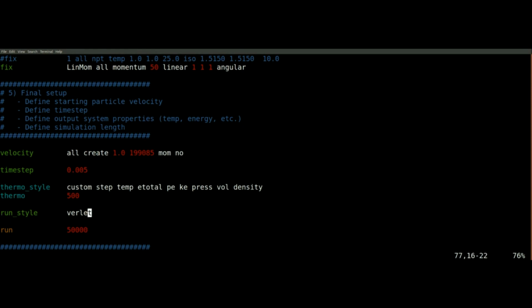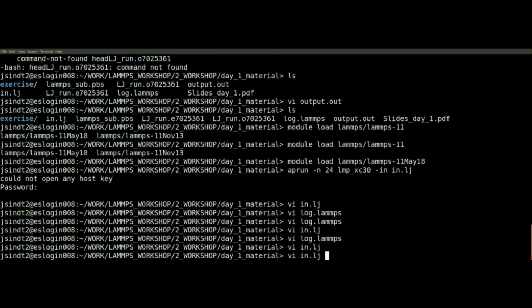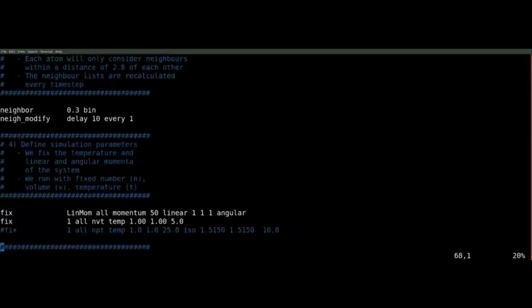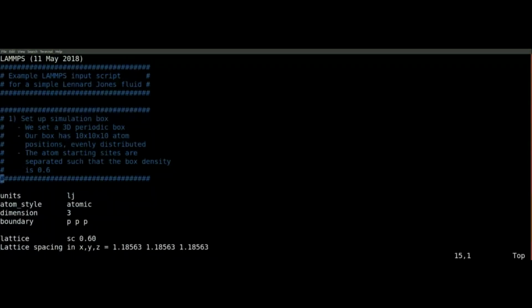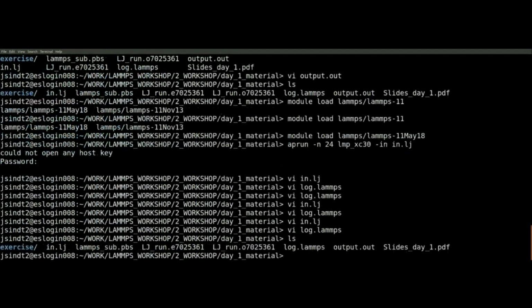At this point, let's have a look at what's then output, because we've seen it before, but what does the output look like? Well, firstly, LAMMPS will output everything to a log file.